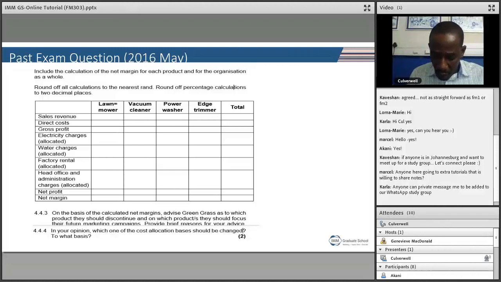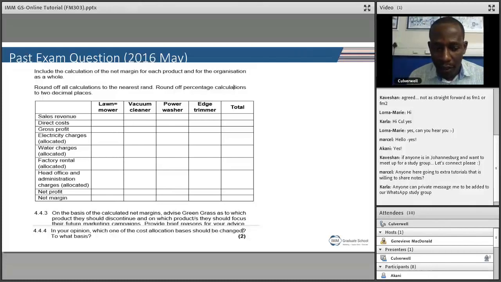It was going to give you 20.04556818. Remember, there was an instruction to round off all calculations to the nearest rand, and round off percentages to the nearest 2 decimal places. So it will be 20.05%.